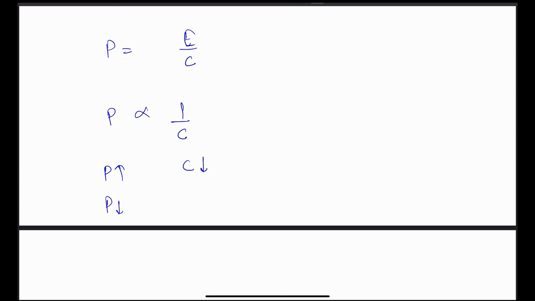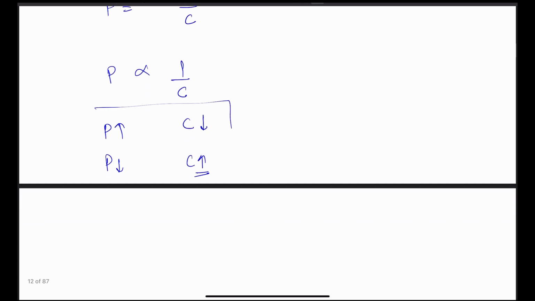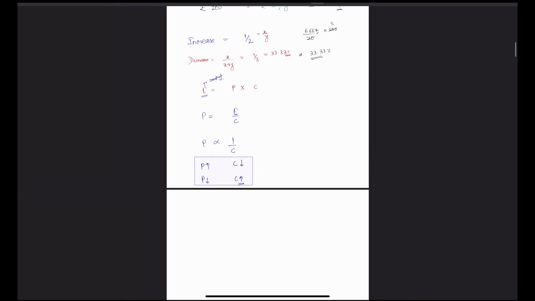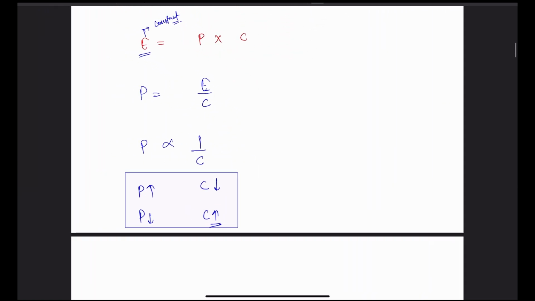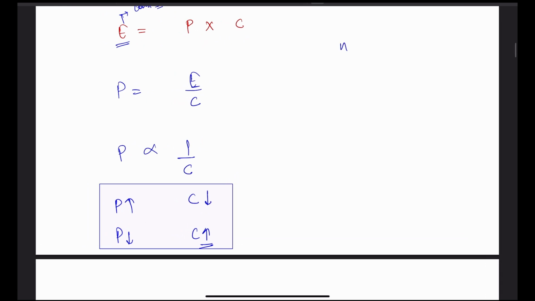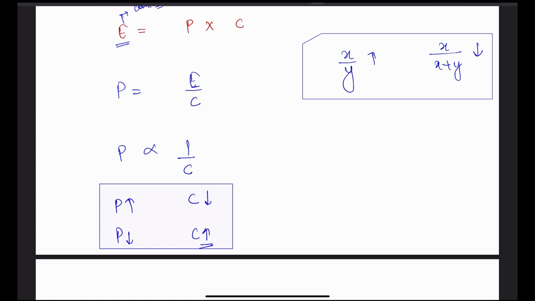If price will decrease, consumption will increase. So this type of problem, wherever we find it, the same approach will be used. That is, if x by y is the increase, then x by x plus y will be the decrease. All the questions can be solved if we know these things.